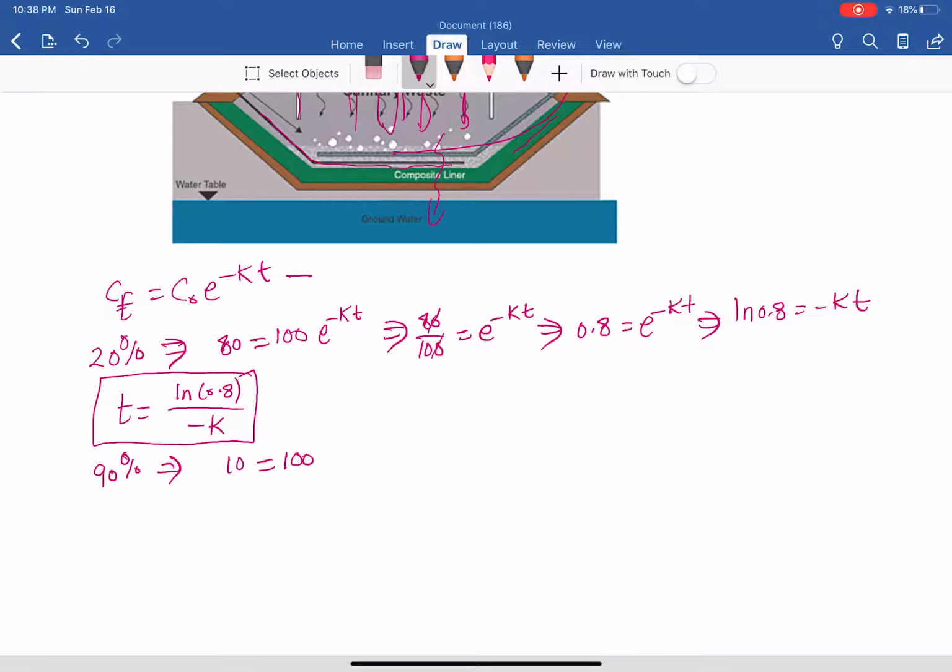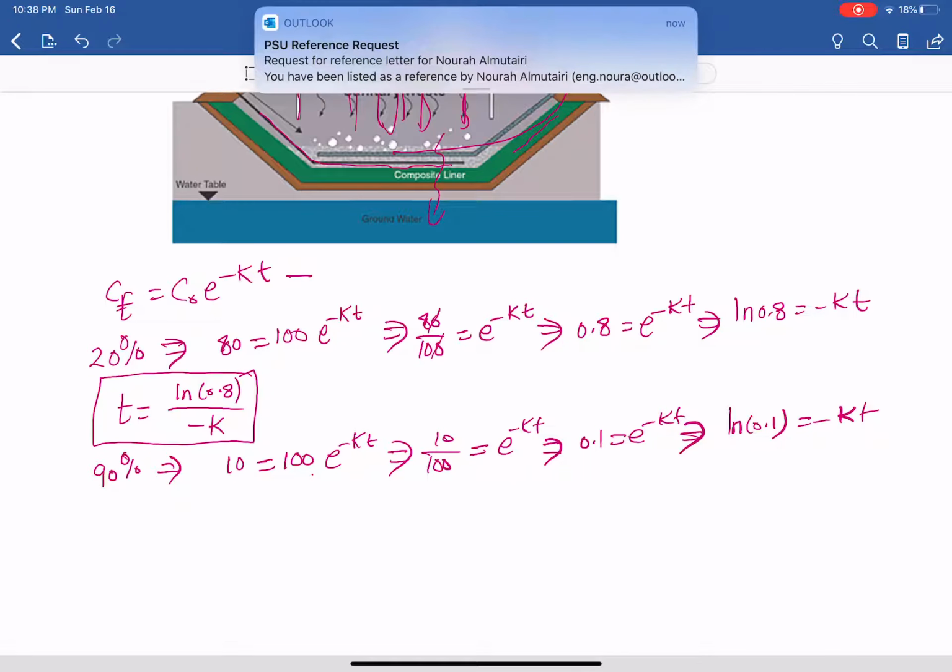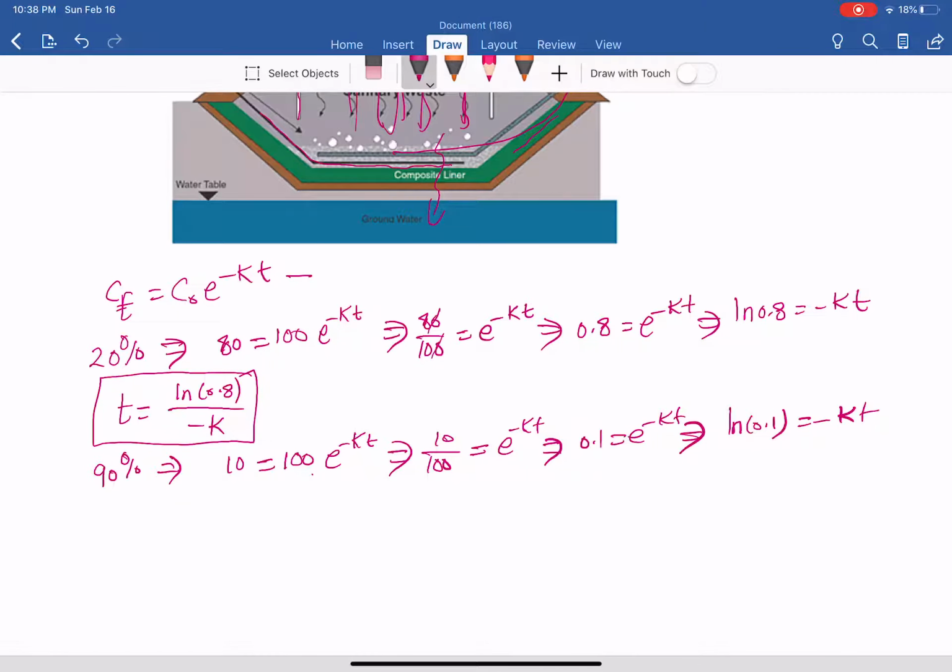So 10 over 100 equals e to the minus kt, and then 0.1 equals e to the minus kt, and then ln 0.1 equals minus kt. So T is equal to ln 0.1 over minus k. So this is 90%.